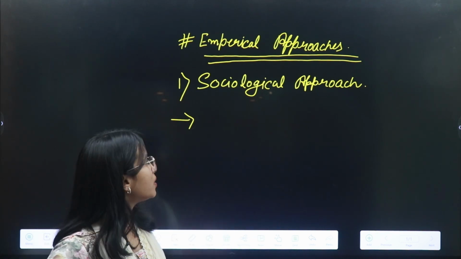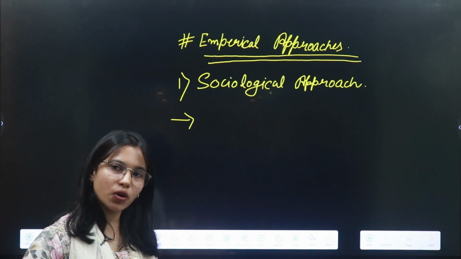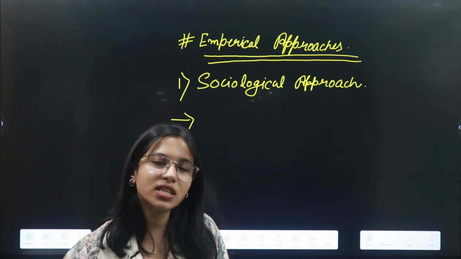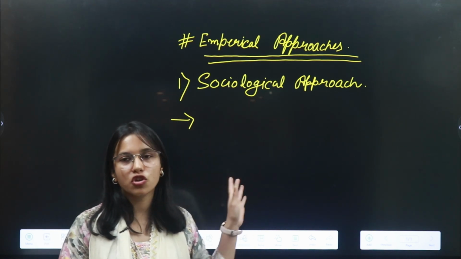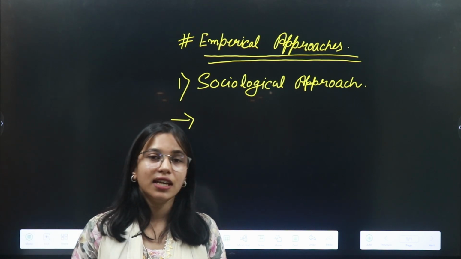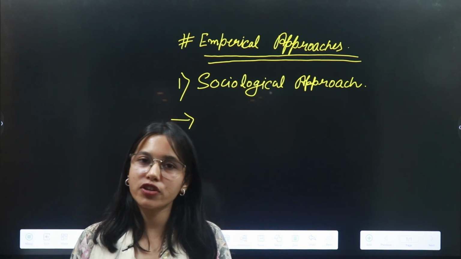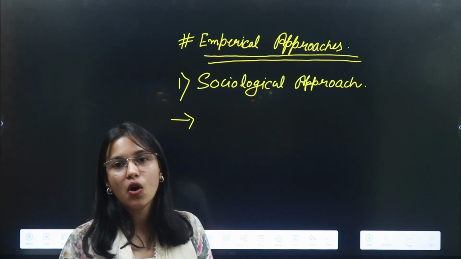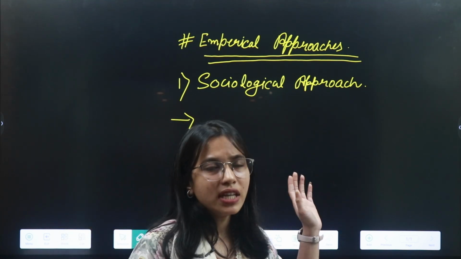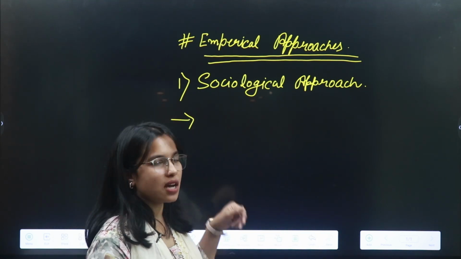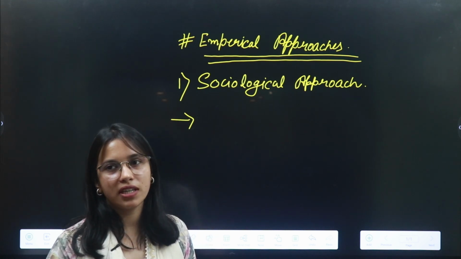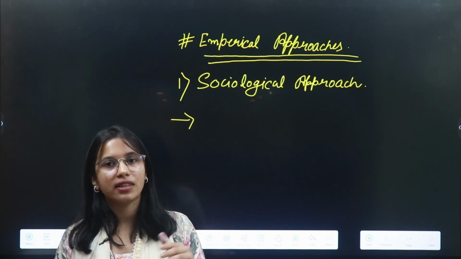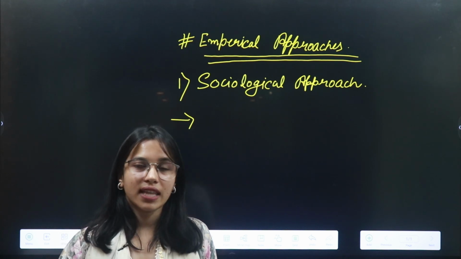Now what do we mean by the sociological approach? By its very name it is clear that whenever we study any topic from the sociological approach, we consider more of the social factors than the political factors in our area of study. The political scientists of this approach believe that any country is more of a social institution than a political institution.